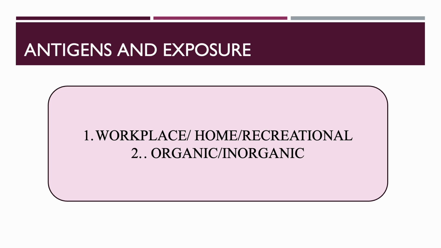Broadly, we could divide the antigenic exposure in HP into workplace, home, or recreational exposures, or the other way we can divide it is into organic or inorganic exposure. So the exposure can occur at work, at home, or because of certain recreation that the patient is doing.